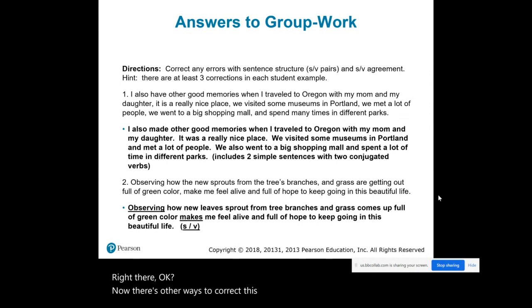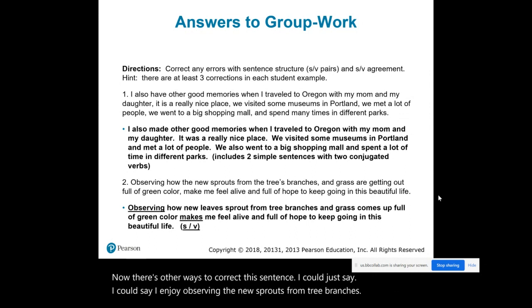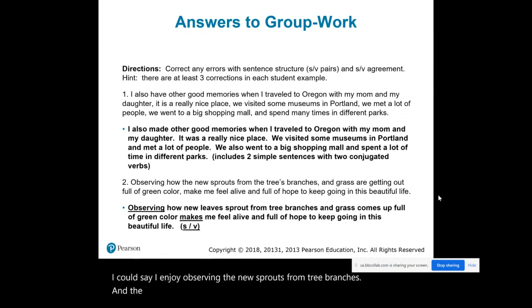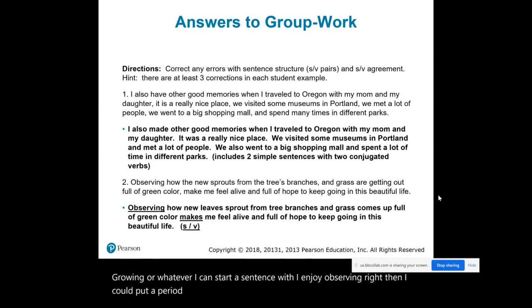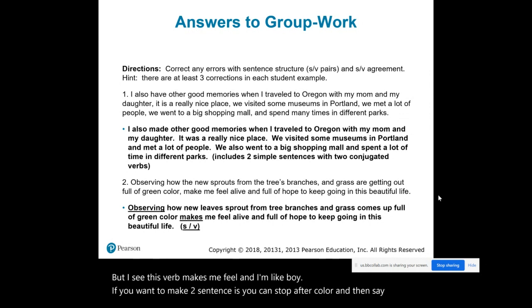I could say, I enjoy observing the new sprouts from tree branches and the grass growing, or whatever. I can start a sentence with "I enjoy observing," right? Then I could put a period after green color. But I see this verb "makes me feel," and I'm like, oh boy. If you want to make two sentences, you can stop after color and then say, it makes me feel alive.